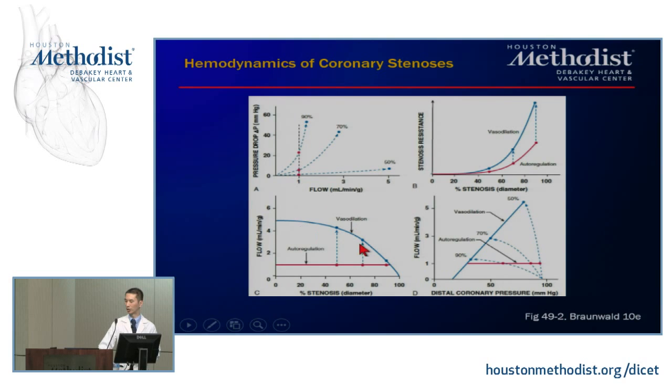With vasodilation, you again see how much flow gets limited as stenosis increases on this graph here. And same thing here. What happens with vasodilatation of stenosis resistance compared to baseline?